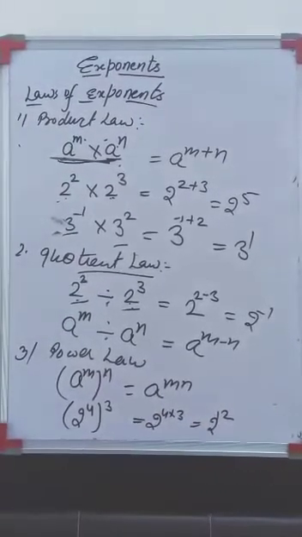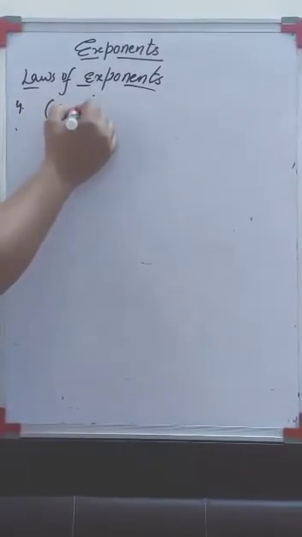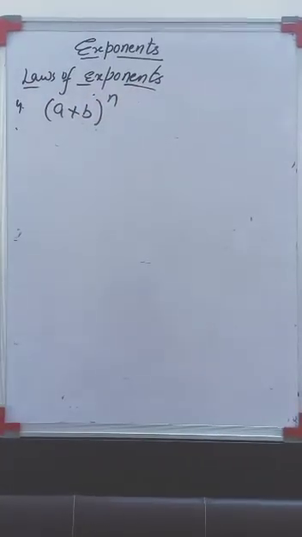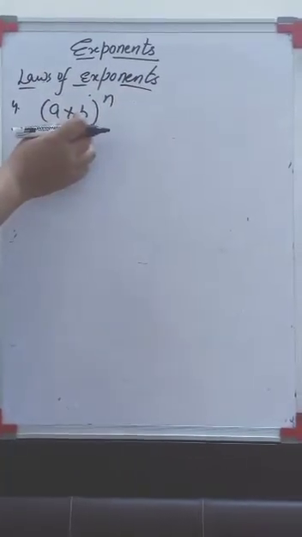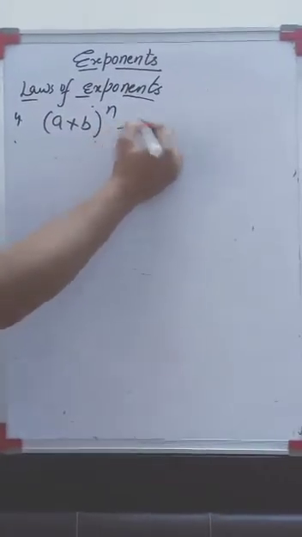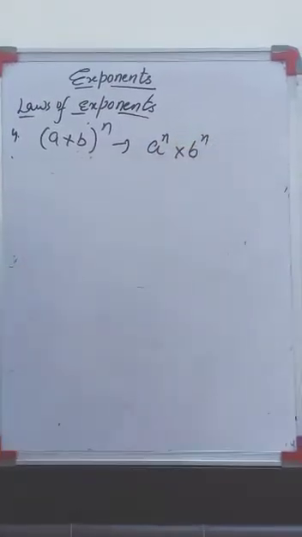The next law is: if a into b is raised to power n, right? If two numbers are in multiplication and the power is of the whole bracket, then it means a raised to power n into b raised to power n.